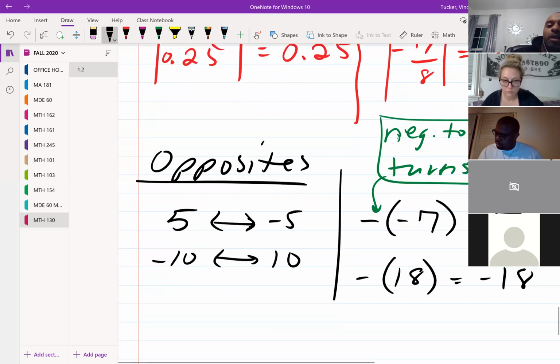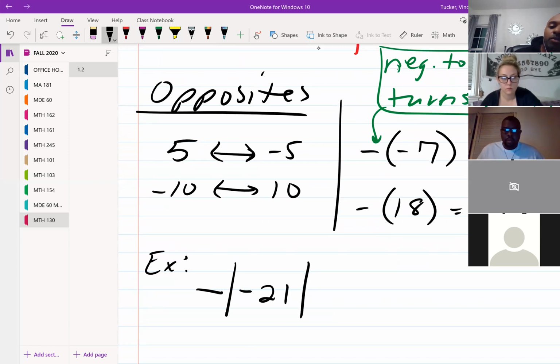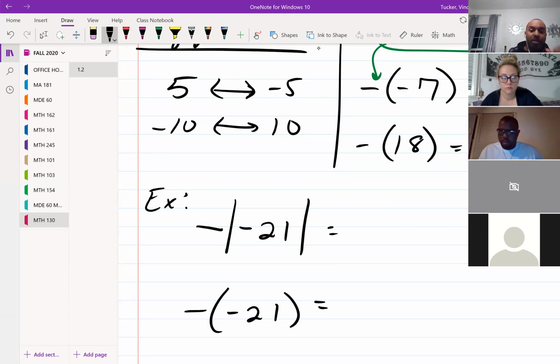And so the reason why I went there is that if I have, this is just another example, negative absolute value of -21, now these two scenarios are different and you have to be careful. I just showed you that negative to a negative, when you have parentheses, will turn into a +21.